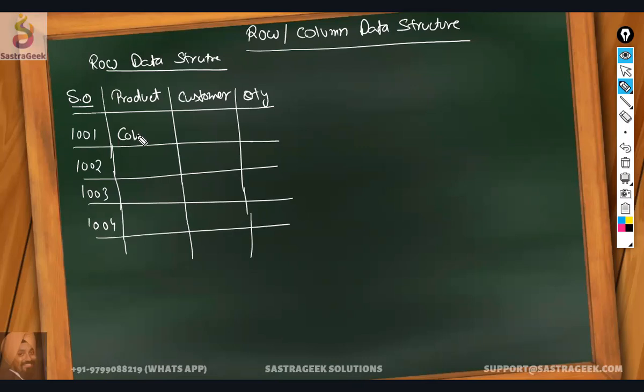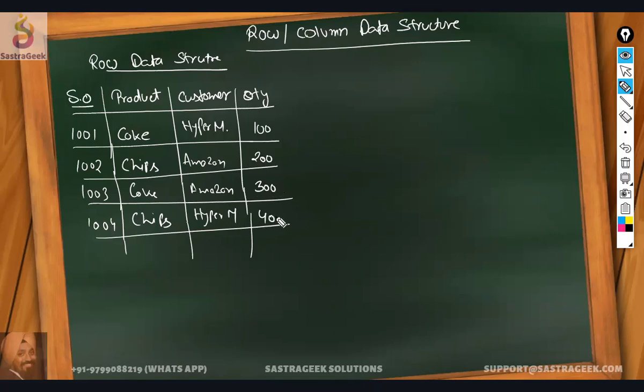My product is Coke, chips, Coke, chips. My customer is Hypermart, then Amazon, Amazon, Hypermart. And then I have quantities 100, 200, 300, 400. So this is the example, right?